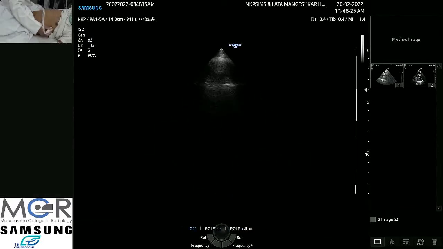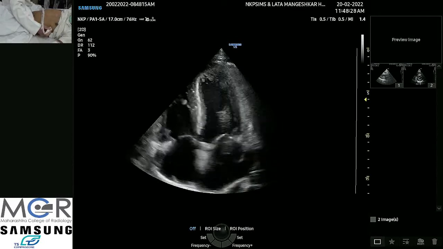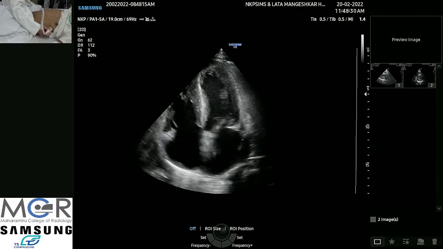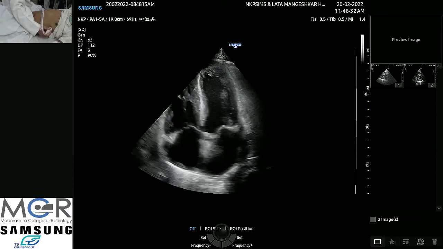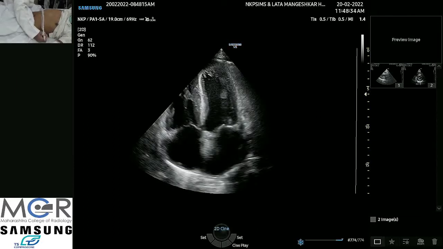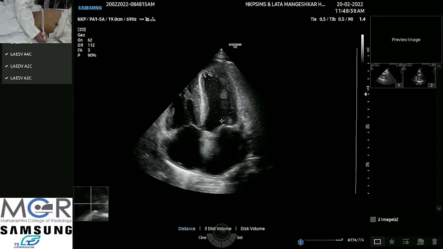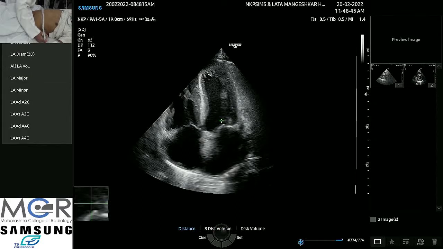Now in the 4-chamber view, you can again measure the volumes of the atrium. So LA volume, this is LA, right.